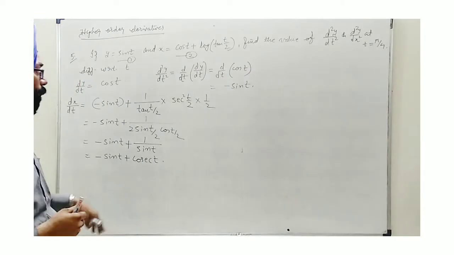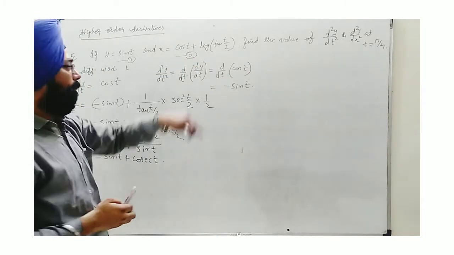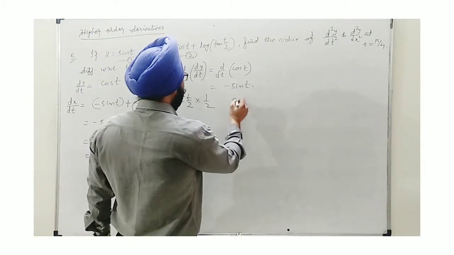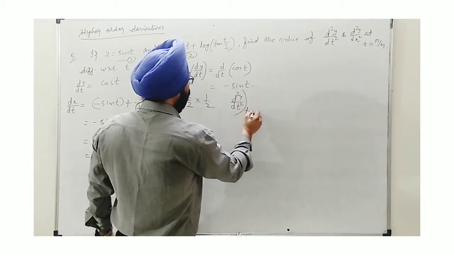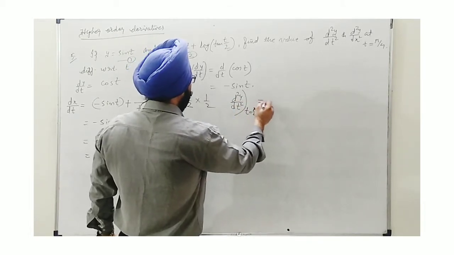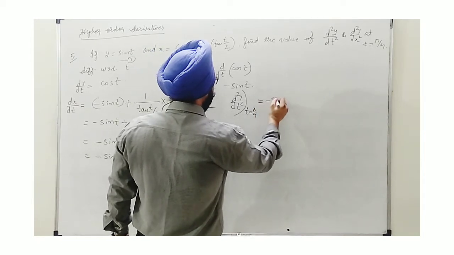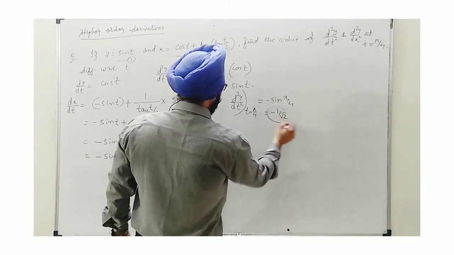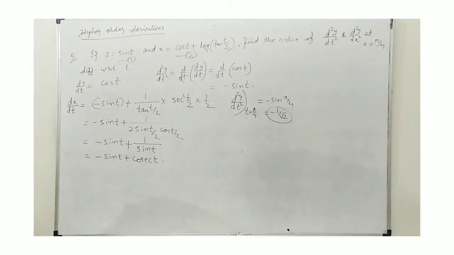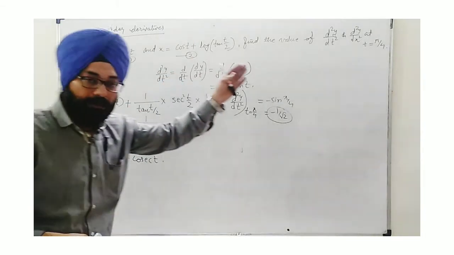Okay, be careful, but we need this at pi by 4, so we can write d square y by dt square at t equal to pi by 4, this is equal to minus sin pi by 4, so minus 1 by root 2. One answer we have obtained. For the other, still we need to wait, we need to first find dy by dx.